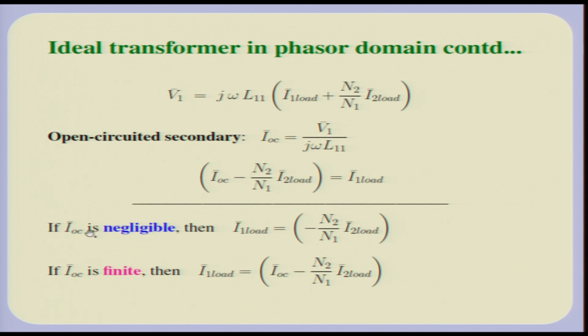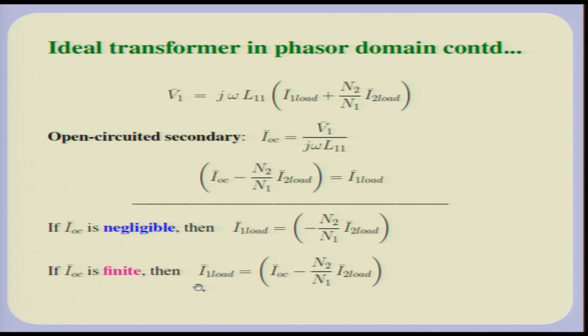In fact, if IOC is negligible compared to the current under loaded conditions, in such a situation we have I1 load comes out to be minus N2 by N1 into I2 load. Of course, if IOC is finite or comparable to the current under loaded conditions, in that case this is not true.